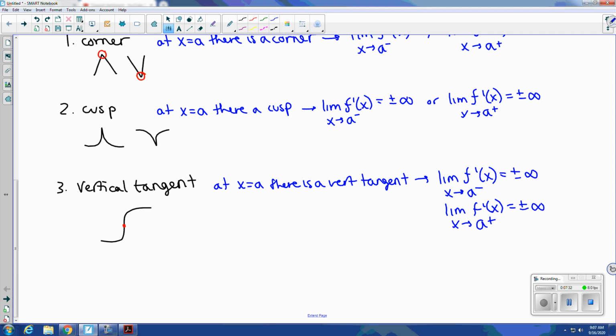So again, it depends on the picture, but you can see as I draw in tangent lines, there's one, and then as we're approaching that, they start to get more and more vertical. And again, if the tangent line is vertical, a slope can't be defined, and so we do not have a derivative there. Then the last possibility is a discontinuity.